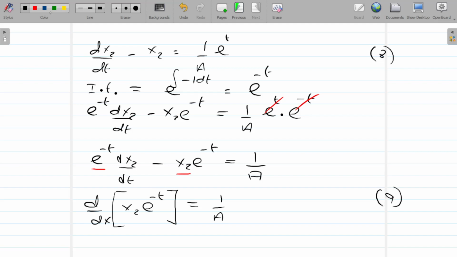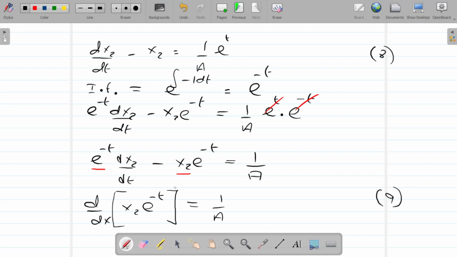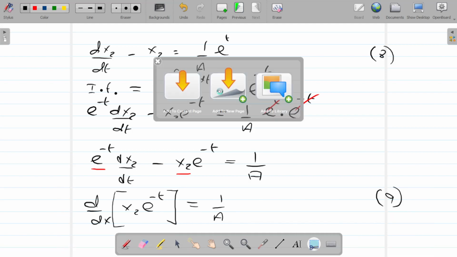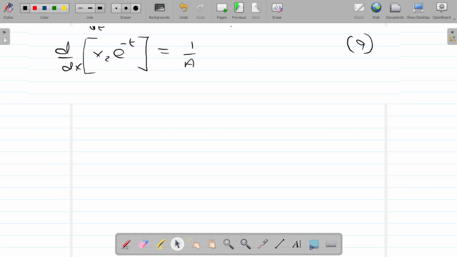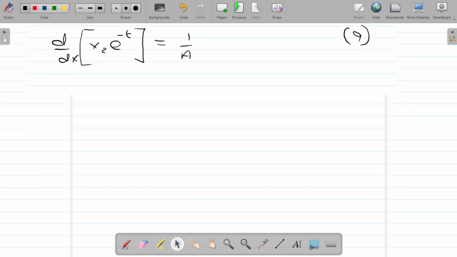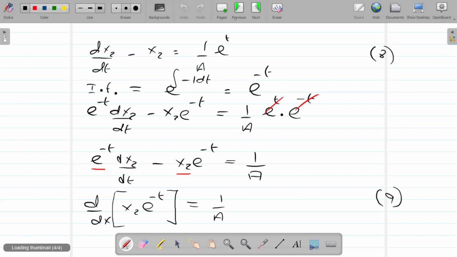Now, let's get my stylus because we're going to cut and paste equation 9. Add to new page, and we'll put that up there. Right, so integrating both sides, we get x2 e to the minus t equal to, and in actual fact, I've made some errors here, as you can see, because that actually should be a t, shouldn't it?